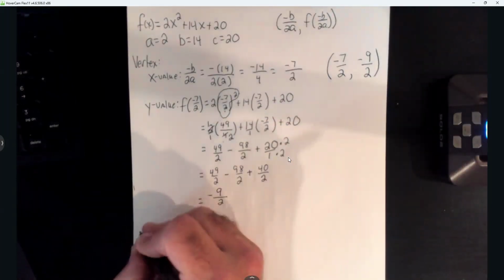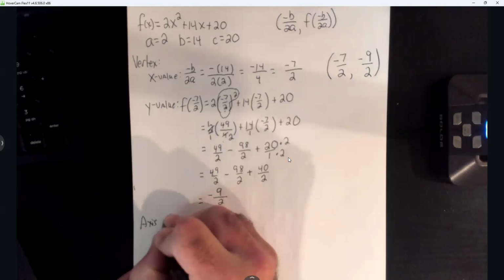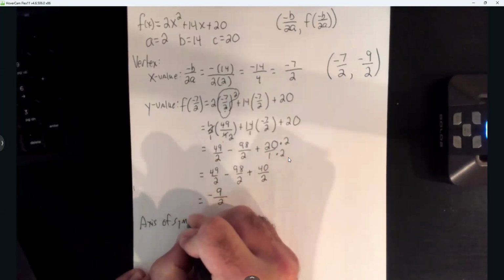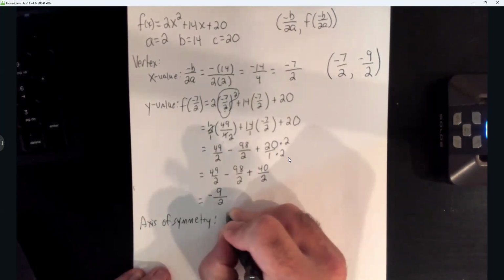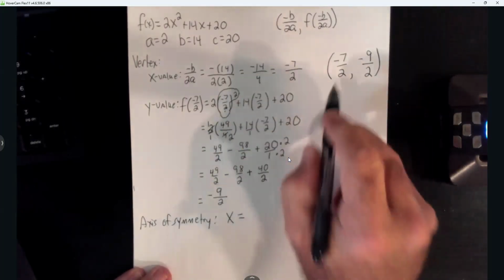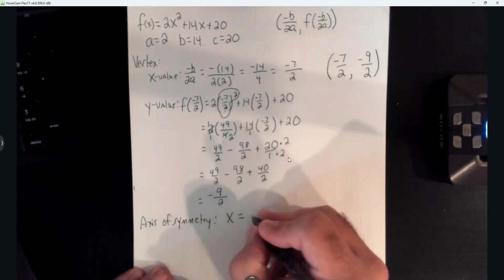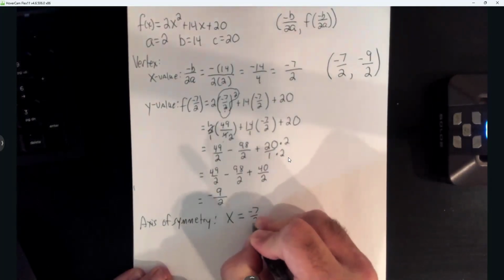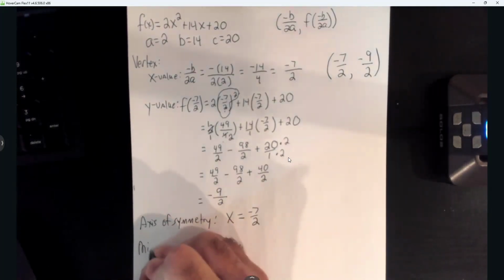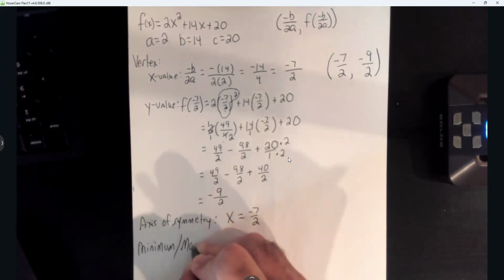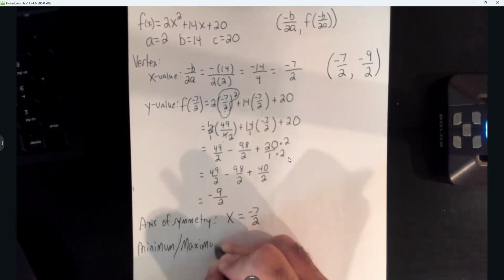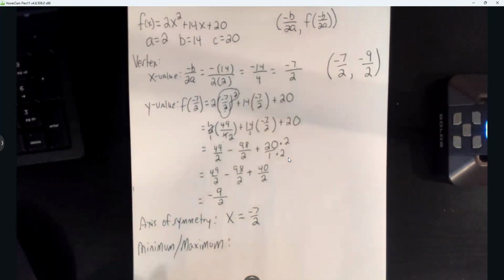So they wanted the axis of symmetry next. And that's going to be x equals the x value, which is negative 7 halves. Minimum or maximum?